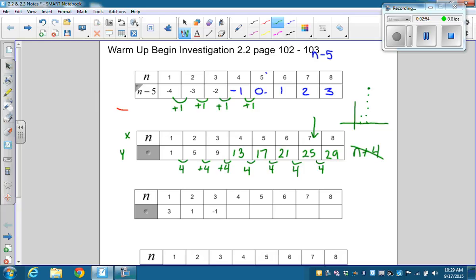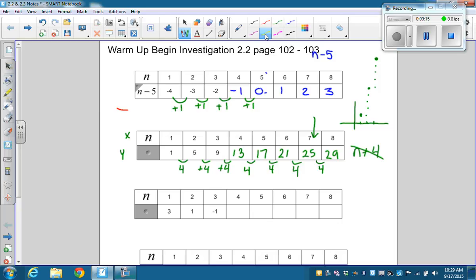And then it would go through 3, 9. What shape is this going to make? A line. Brad? Is it 4n minus 1? Yes, because the slope is 4.